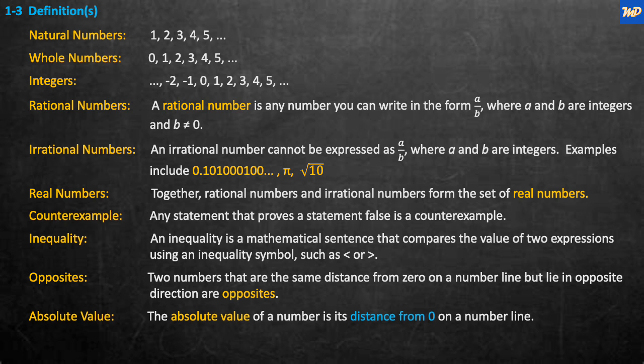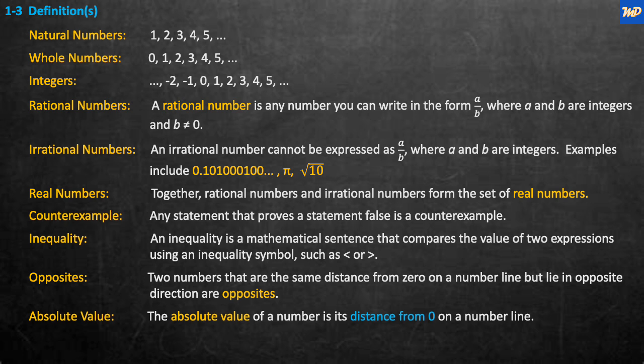Opposites. Two numbers that are the same distance from 0 on the number line but lie in opposite directions are opposites. Like -1 and 1. -21 and 21. Those are opposites. Same distance from 0, but in opposite directions. And then finally, an absolute value.